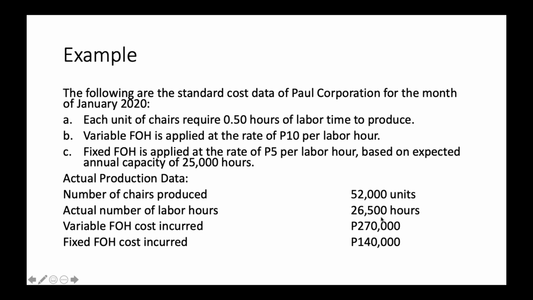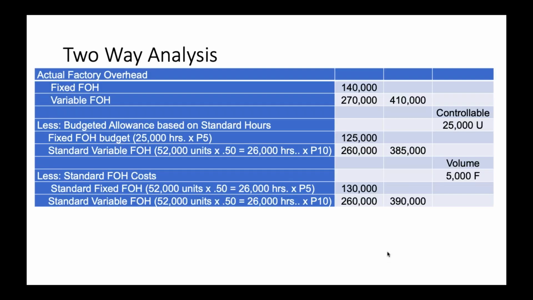The actual number of hours is 26,500. The variable factory overhead actually incurred is 270,000 pesos. The fixed cost incurred is 140,000 pesos. Okay, two-way analysis. Actual fixed, actual variable, that's 140 and 270.